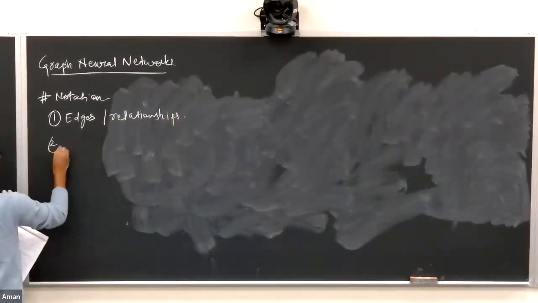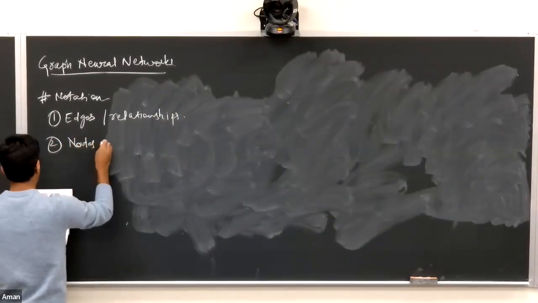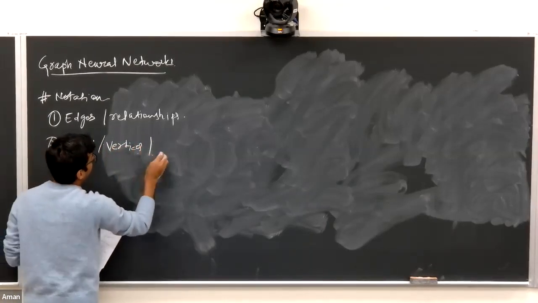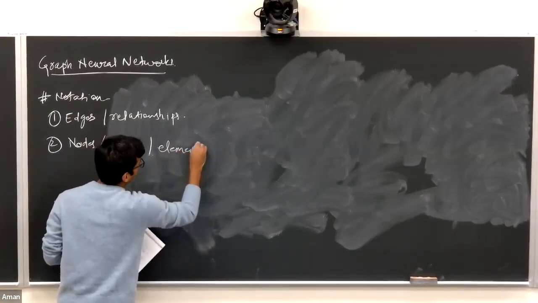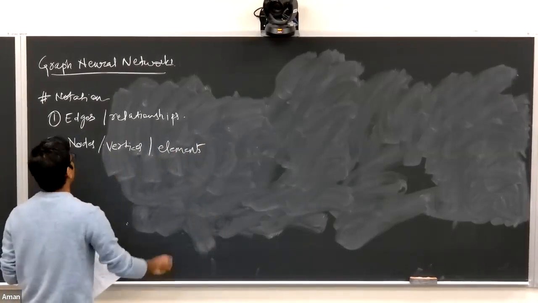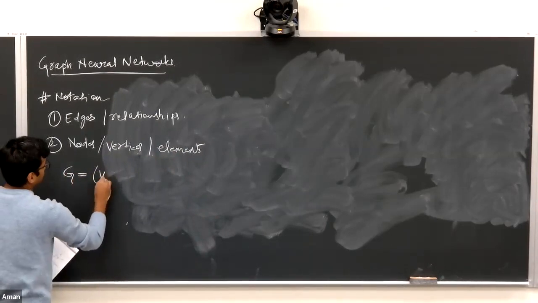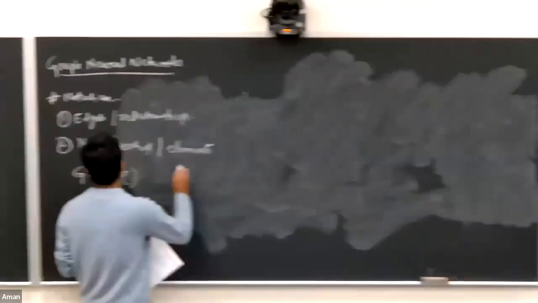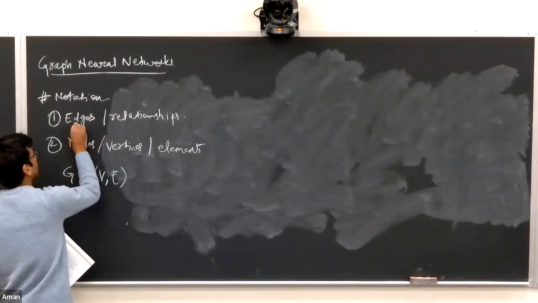And the second thing is nodes or vertices, which represent the elements of your data or the data points directly. Okay, so a graph is just a combination of the edges and vertices. These are V and these are E.